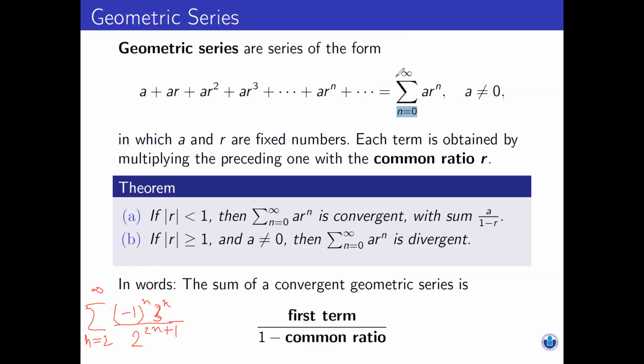Even though the signs are alternating, you don't have to group them into odd and even terms. So let me show you how. All you need to do is to check that it is a geometric series, that is, the ratio of the next term over the previous term is always the same. And then you use this formula here, which is easier to remember. So let me show you.